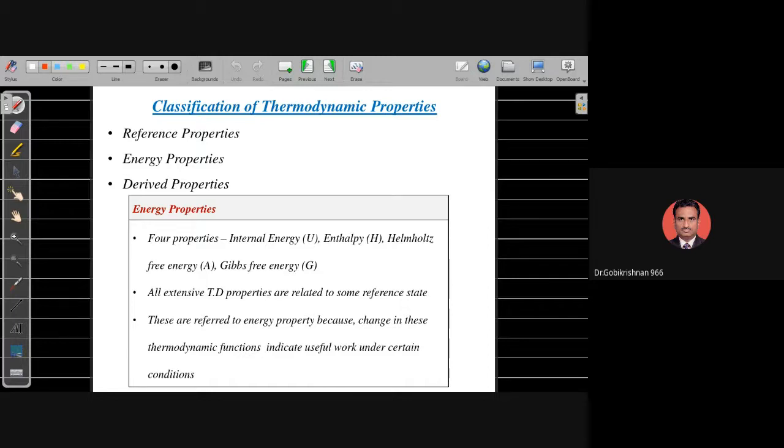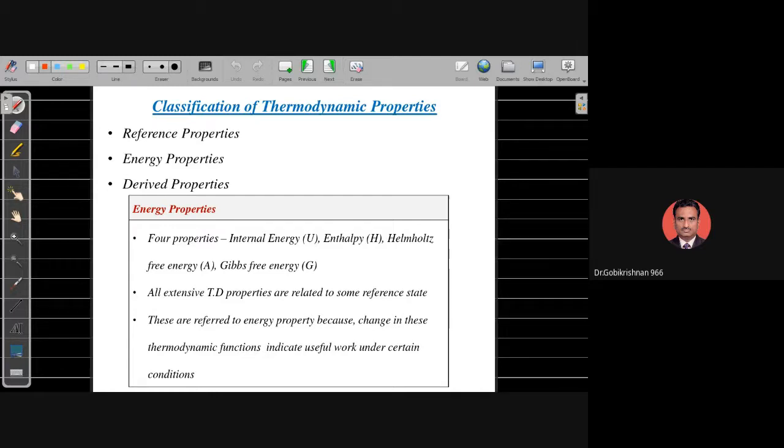The next comes the Gibbs free energy. If you take a galvanic cell, it will be doing some electrical work. Apart from this, there will be some expansion, expansion of the electrolyte, isn't it? This expansion of the electrolyte is also a form of energy, but it cannot be converted into useful work.